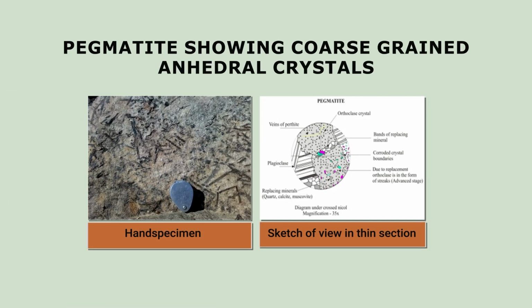The second slide shown here is pegmatite, showing coarse-grained anhedral crystals. You can see the entire grain is covering almost 60-70% of the view of the slide in the sketch of a view in thin section. And on the left-hand side you have a big crystal in hand specimen that can be seen.